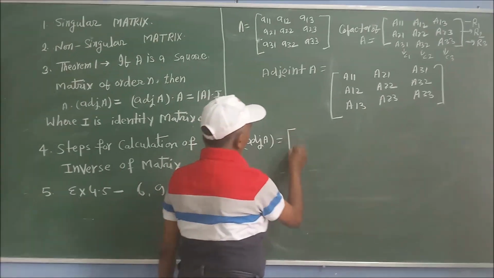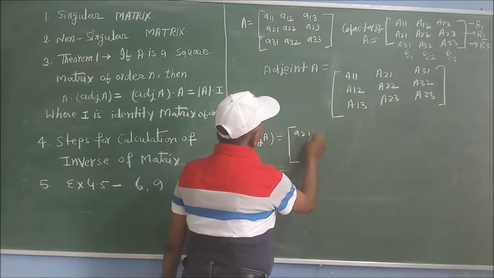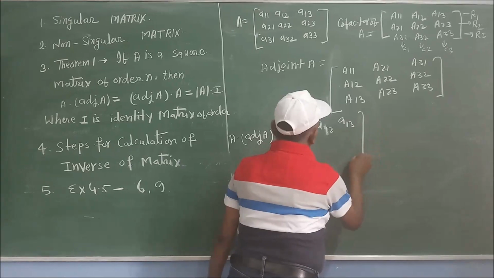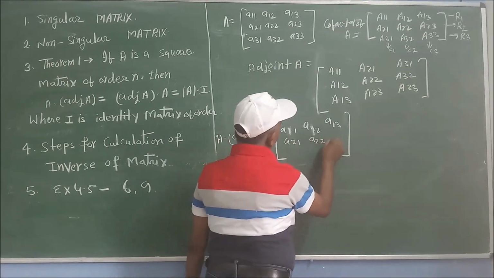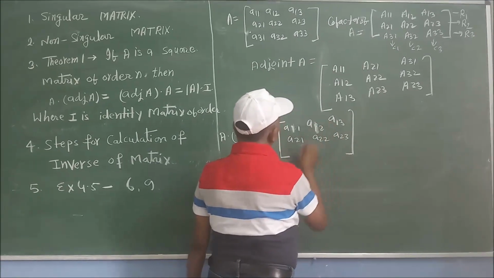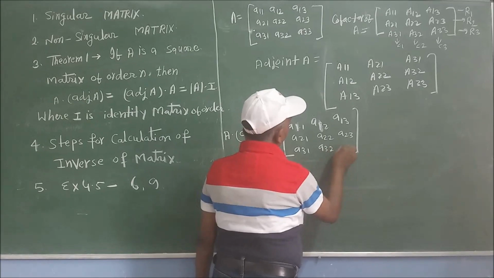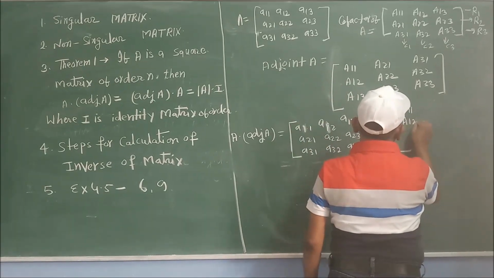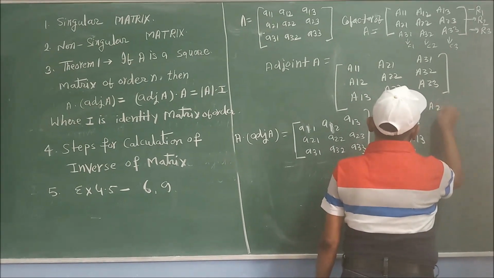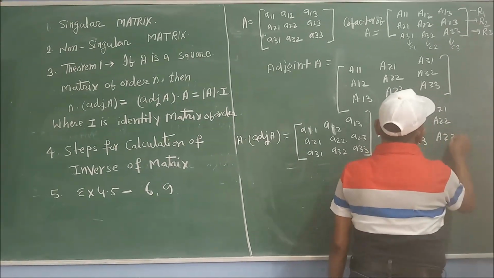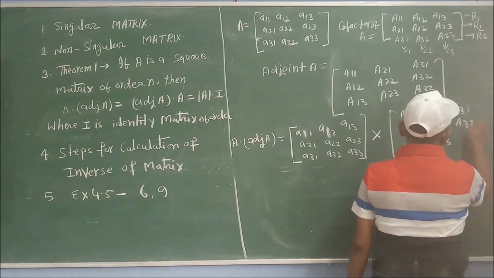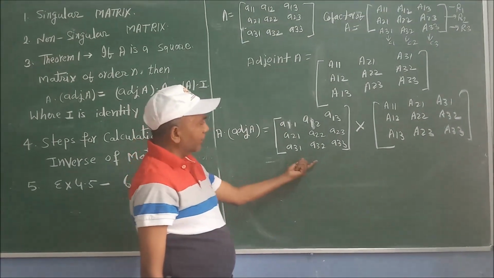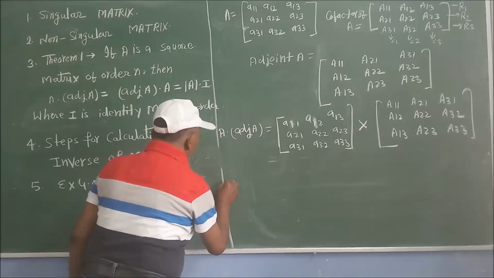To calculate this, we write the matrix a11, a12, a13, a21, a22, a23, a31, a32, a33 into the adjoint matrix A11, A21, A31, A12, A22, A32, A13, A23, A33. Both are 3 cross 3 matrices, so the product is also 3 cross 3.